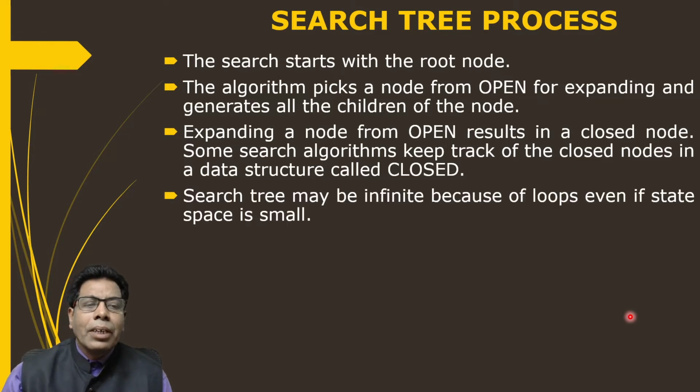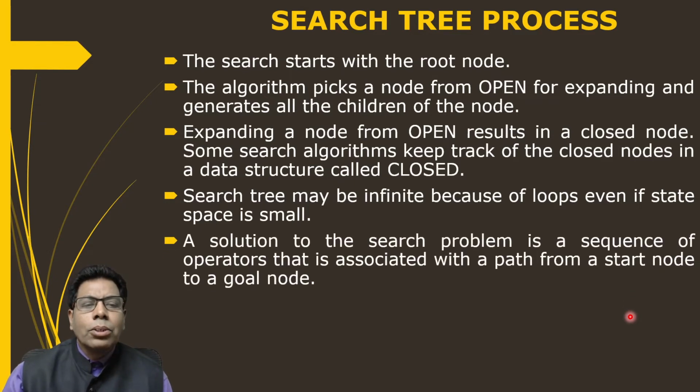Then the search tree may become infinite because of loops, even if the state space is small. So this is a typical case when the search tree will become infinite. Then a solution to the search problem is a sequence of operators associated with the path from the start node to the goal. Whatever sequence of operators, that will be the solution.